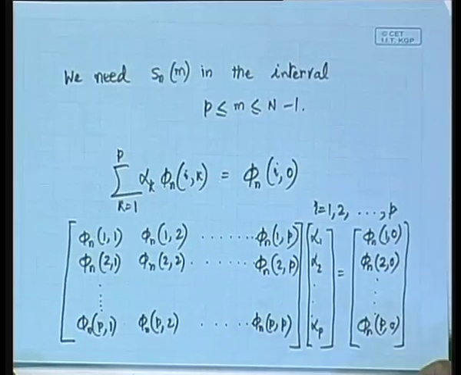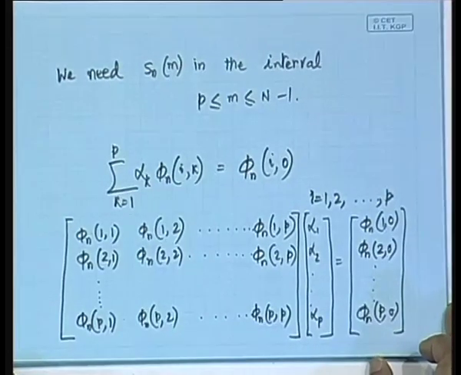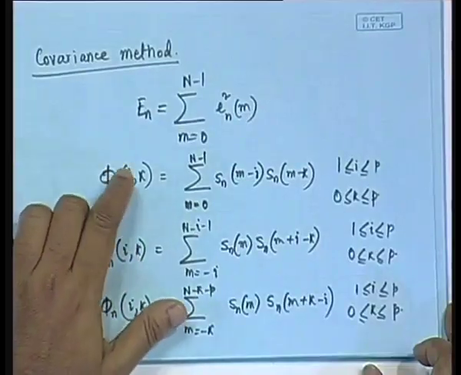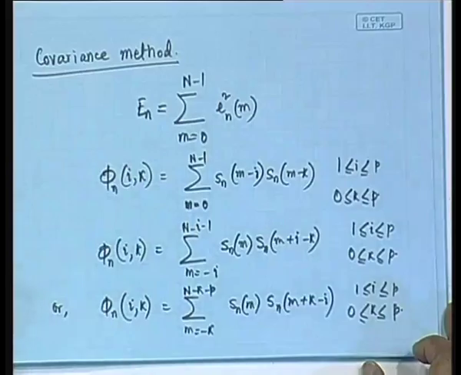Now, can you tell me whether any property results out of this matrix? Is it symmetric? Yes or no? It is symmetric because phi n I k is the same as phi n k I. By the basic definition itself, it does not matter whether I interchange the order of I and k.